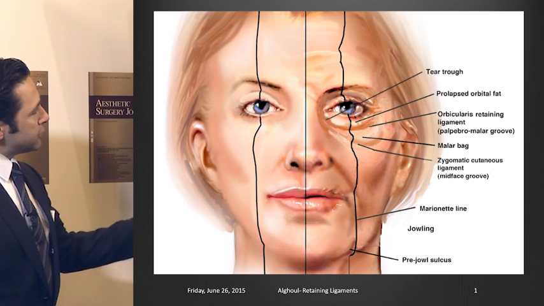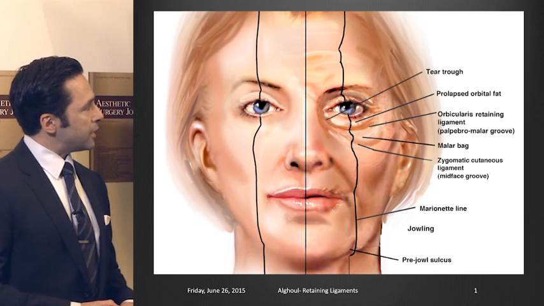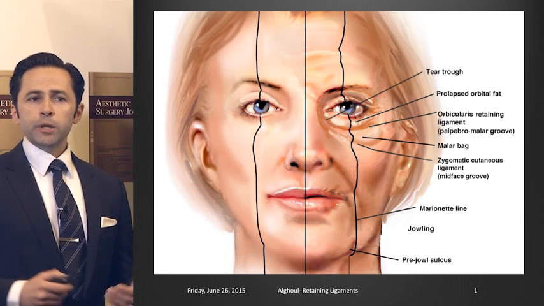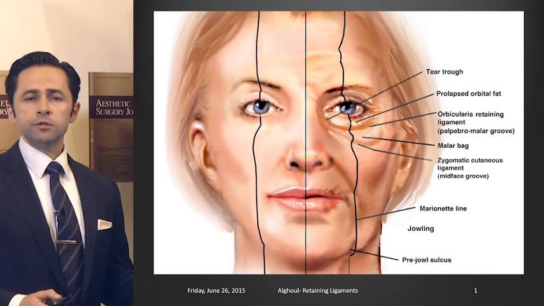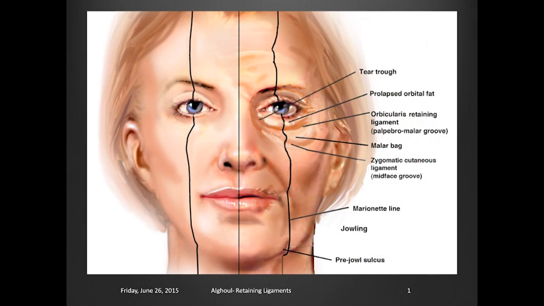So if you look here in the first illustration, we really wanted to show the relationship of the ligament to the different grooves and wrinkles that appear on the face, especially with aging. This picture shows two hemifaces, a youthful hemiface compared to the aging hemiface, illustrating the different grooves that appear on the face and how they relate internally to the retaining ligaments of the face.